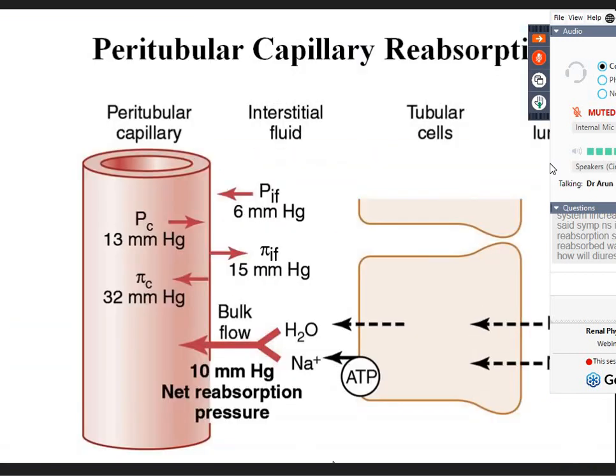Yeah, so how peritubular capillary reabsorption is taking place and how this osmotic pressure is developed here.